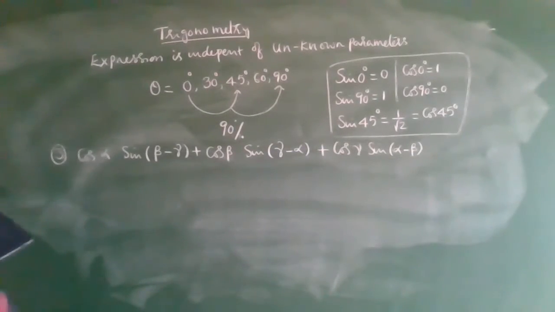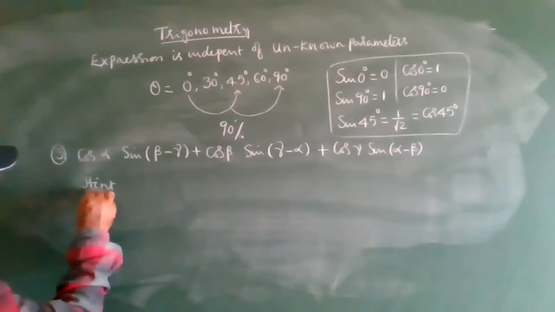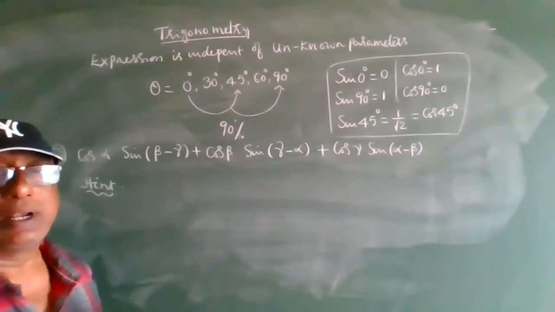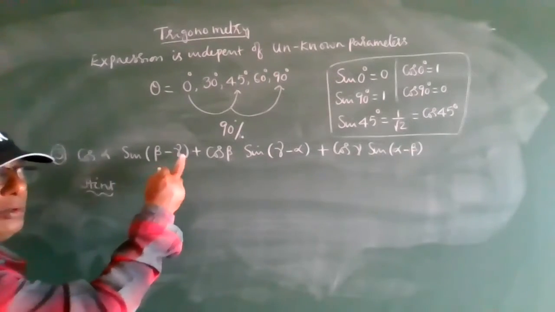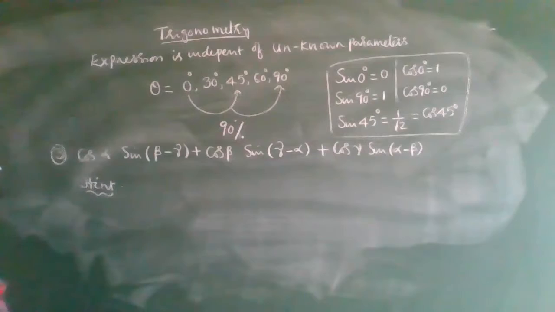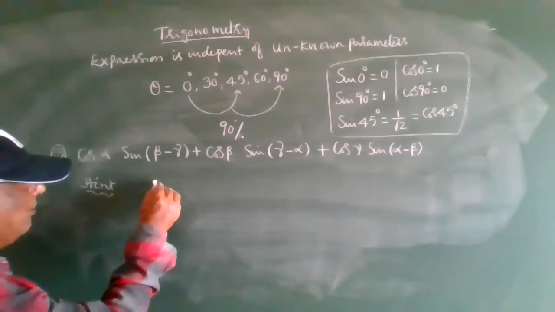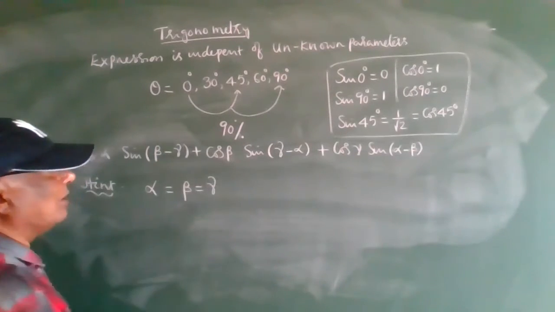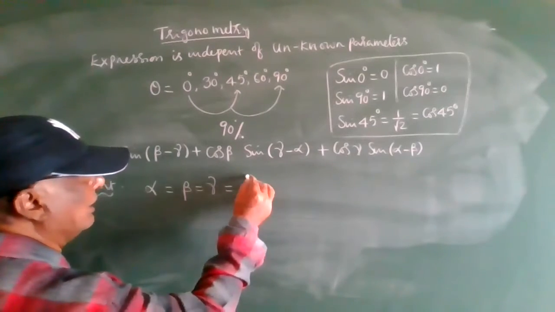Here three angles are given, and it is also an independent expression with unknown parameters. Alpha we don't know, beta we don't know, gamma we don't know. So three angles mean we should take all three angles equal, and take them as 0 degrees.